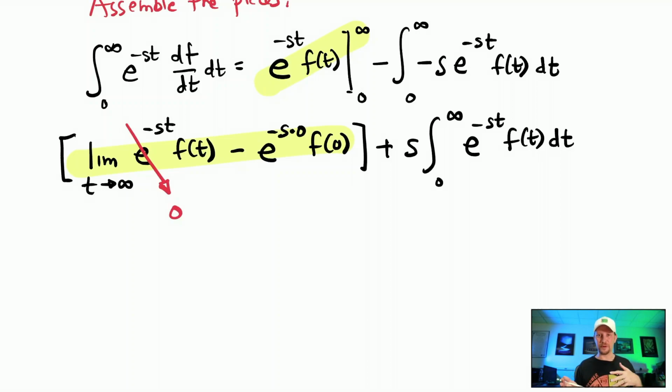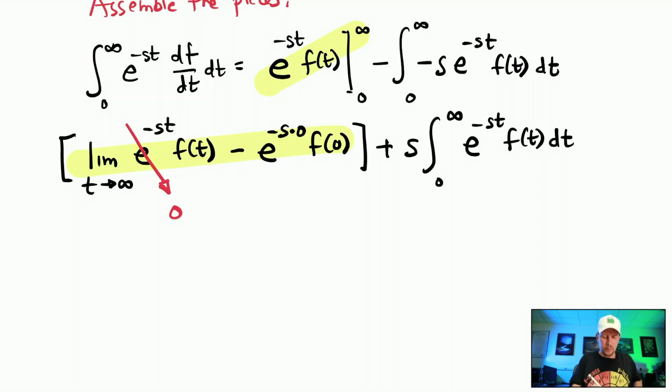We even talked about, for example, the limits as t approaches infinity of e to the minus st times the sine and the cosine and things like that. And we argued that that actually did end up disappearing. There are other functions that do grow faster as t approaches infinity than e to the minus st decays.